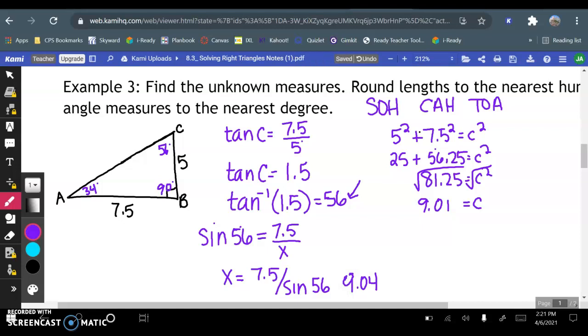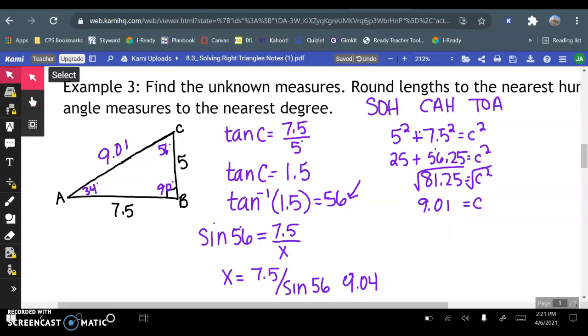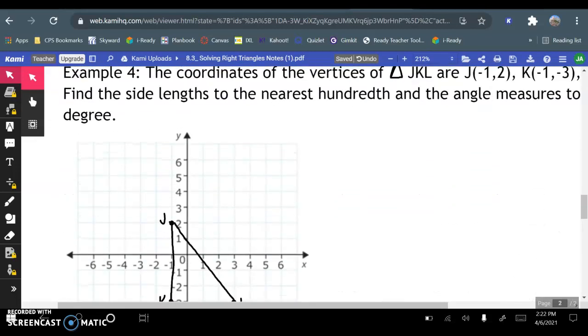So if you see how close that is, okay, we still know it is right in that area somewhere. I would not mark it wrong if you had 9.04. So a couple of different ways to figure it all out. You can use the trig functions mixed with some Pythagorean theorem, or you can use all trig functions. So it's up to you, whatever is easier.